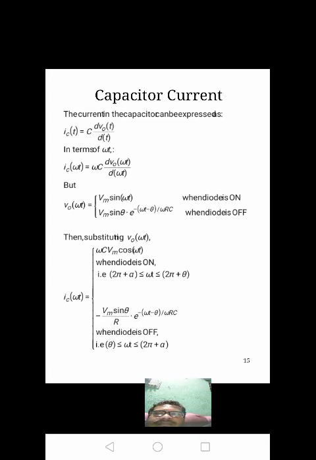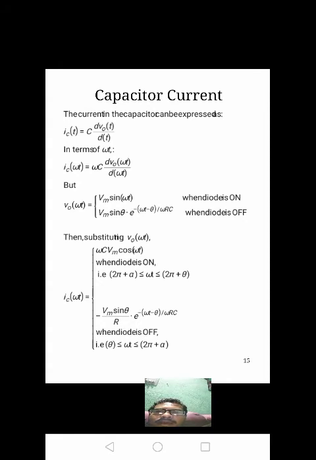Capacitor current. The current in the capacitor can be expressed as IC of t is equal to C into dV0 of t by dt. In terms of omega t, IC of omega t is equal to omega C into dV0 of omega t by d omega t.